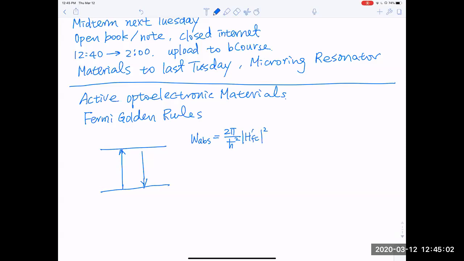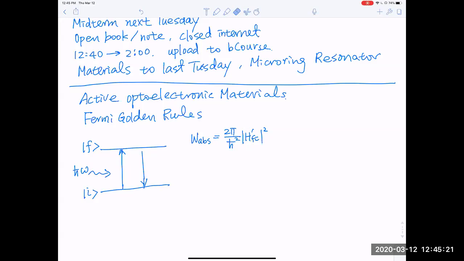If we call one of them the initial state, the other one the final state, the matrix element is the perturbation introduced by a photon that connects these two states that are otherwise independent.